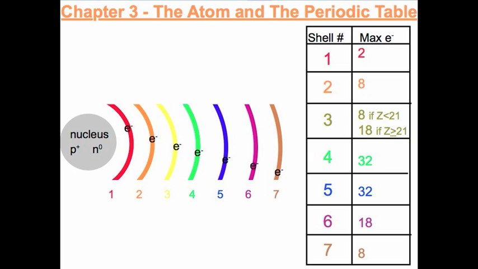We can draw part of the circle, and it's understood that the rest of this circle would go around like this. But to save space, we can just draw part of the circle. Also, you don't have to write an E for every single element. If there are 2 in the first shell, you can put 2E. If there's 6 in the second shell, you can put 6E. You don't have to draw 6 E's.